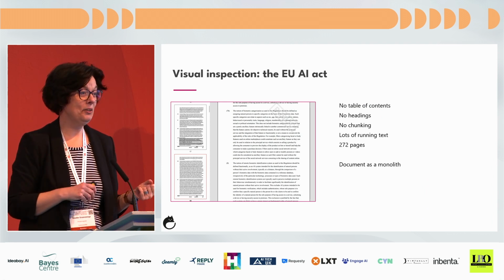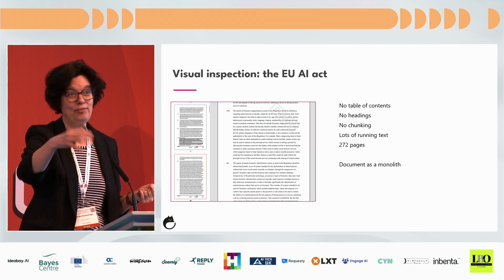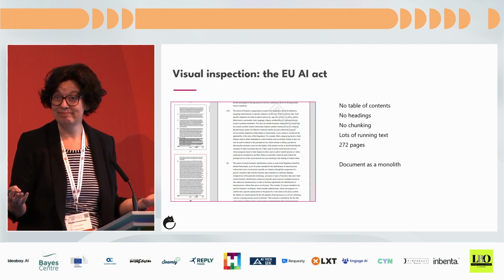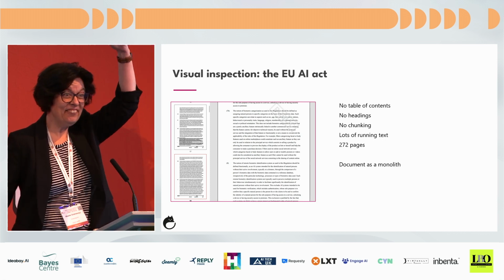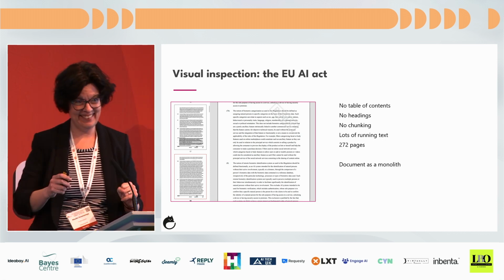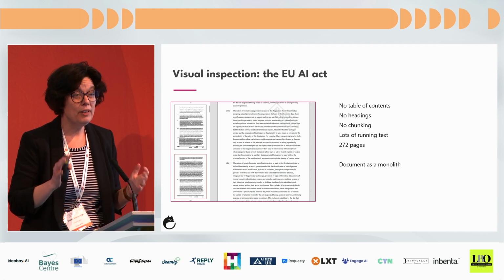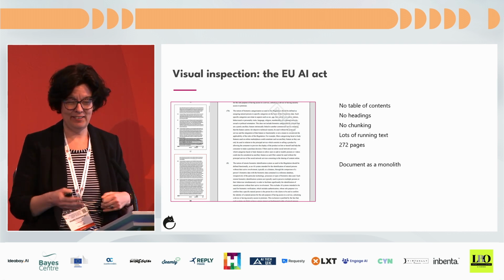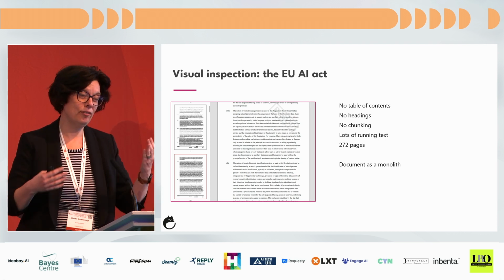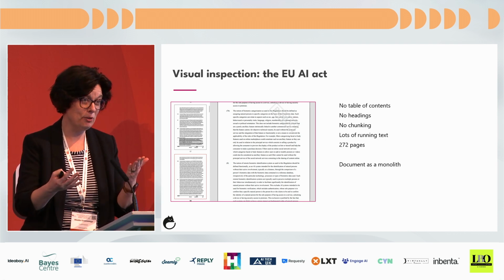Well, if we look at the EU AI Act, just visual inspection, what strikes you? Text, right? Long pages of text. And that's with a purpose. That's also been done by design. And I can tell because I also used to work with a lot of legislatory frameworks.